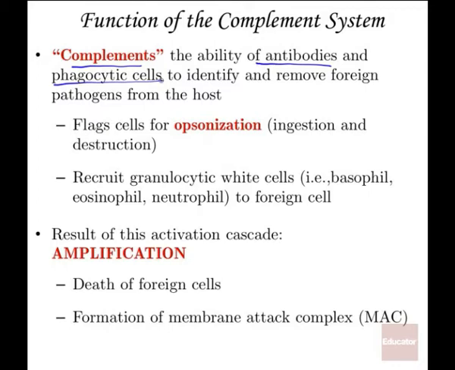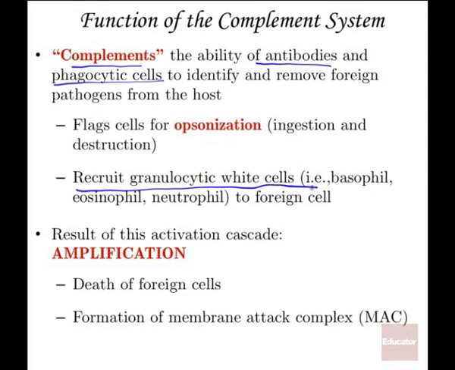Basically, these complement proteins serve as flags that tell the immune system that this particular bacteria, for instance, requires eradication. And then they recruit granulocytes and other white cells from the immune system, and attract these cells to the particular bacteria and flag it for destruction.